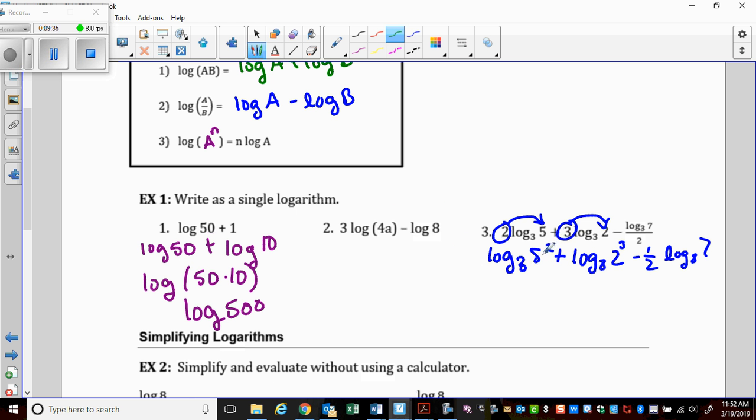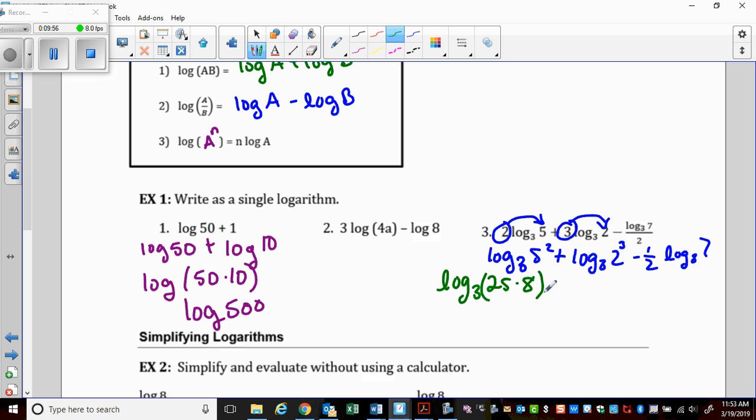5 squared we can simplify, or we can multiply it. I'm going to do it at the same time. So 5 squared is 25, plus means we're going to multiply. So we have 1 log, same base, of 25 times 2 cubed, which is 8.